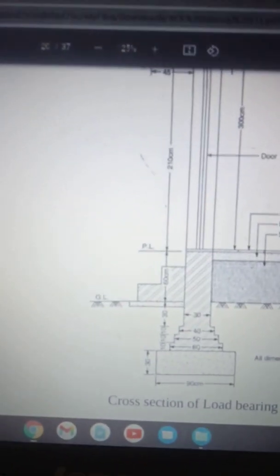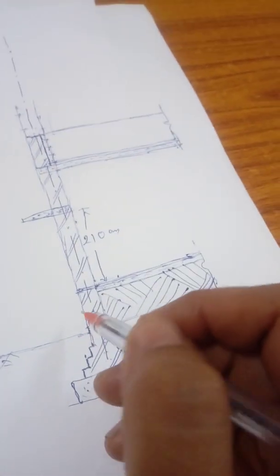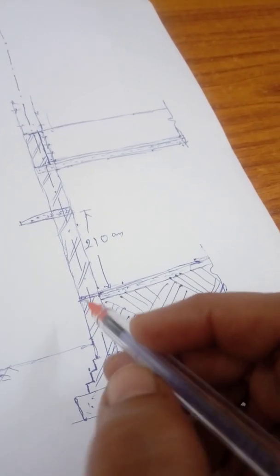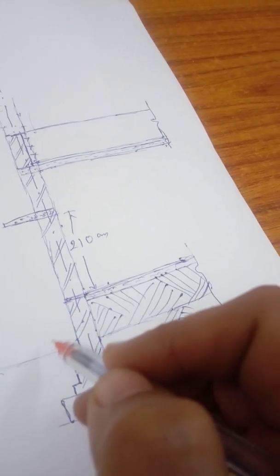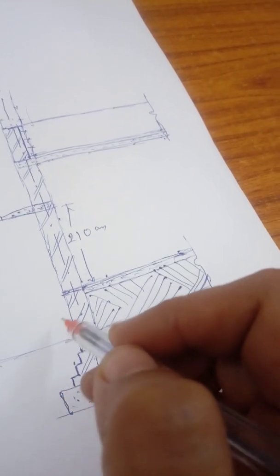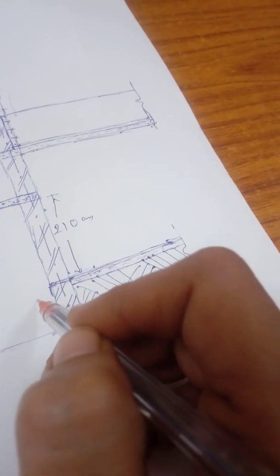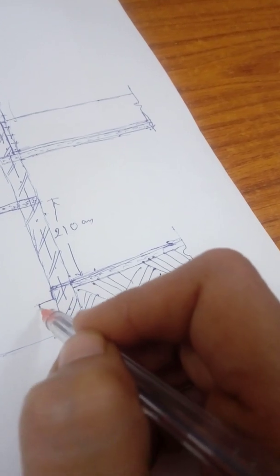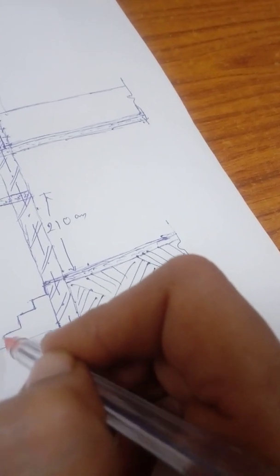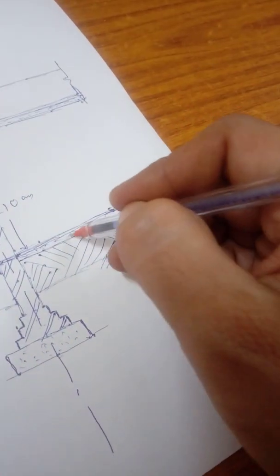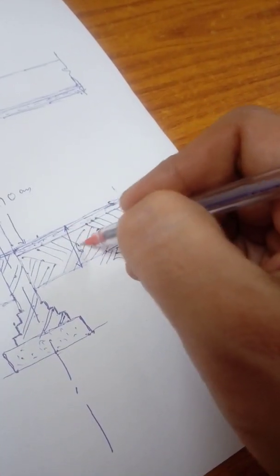See, the steps are there at floor level, and the dimensions of the steps are not given, so we will do it with our assumption that we will take 30 centimeter wide and 15 centimeter high steps. As per 15 centimeter height, the total height is 60 centimeter, so we get 4 risers and 3 treads. This is one riser, 30 centimeter, 0.6 for the next, 30 for the third. Okay, our height is 60 centimeter.